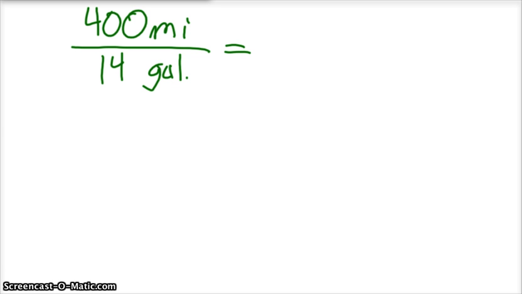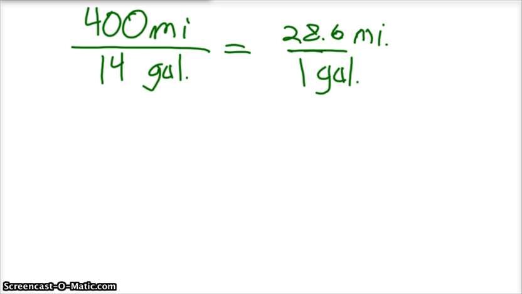And how much did that person travel on 1 gallon of gas? So we know our bottom is going to be 1 gallon. And at the top, it's going to be 28.6 miles per gallon.